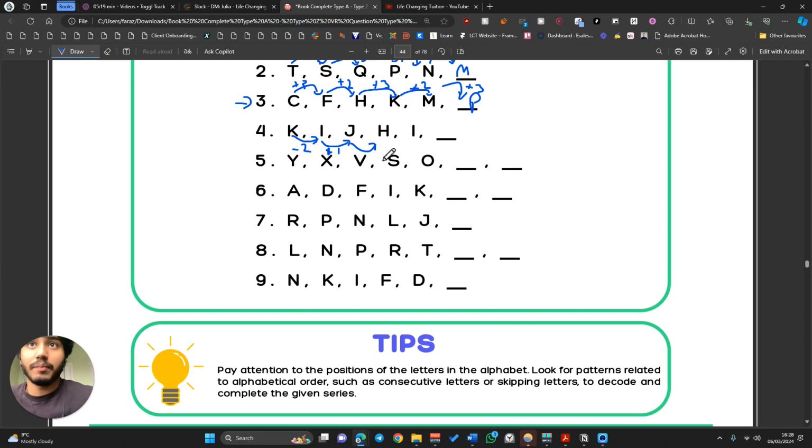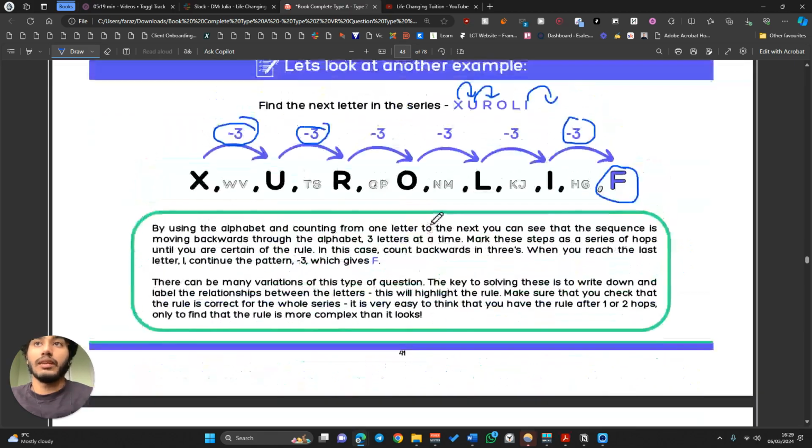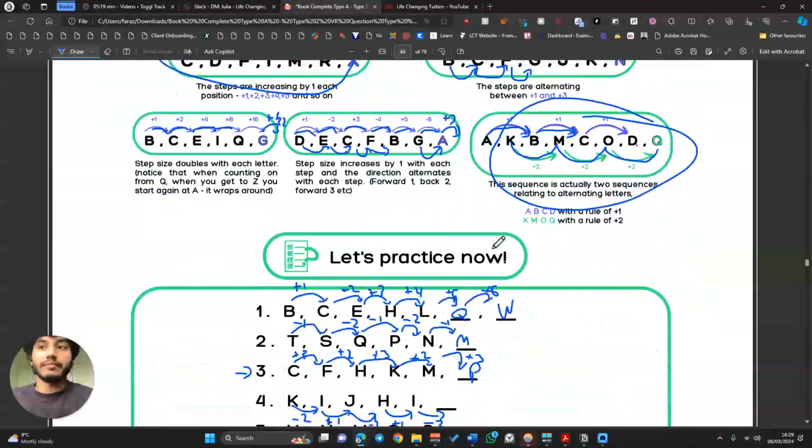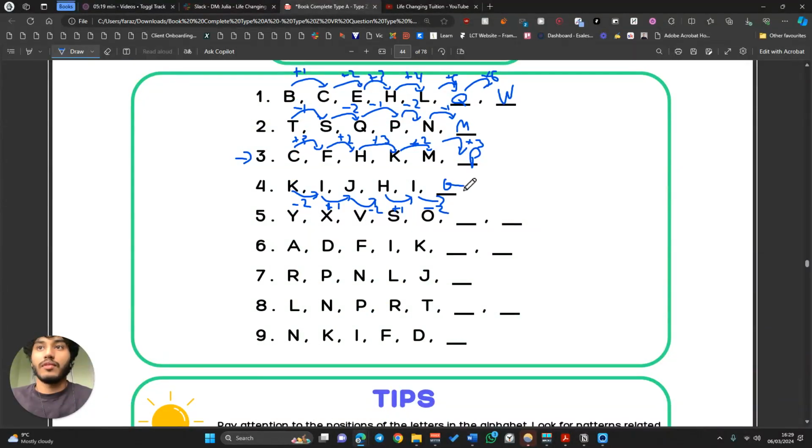H, I, J, K, right? And then how do we get from J to H? It's minus 2. How do we get from H to I? It's plus 1. So this one is going to be minus 2. And let's have a look at what that will be. It will be G. G. There we go.